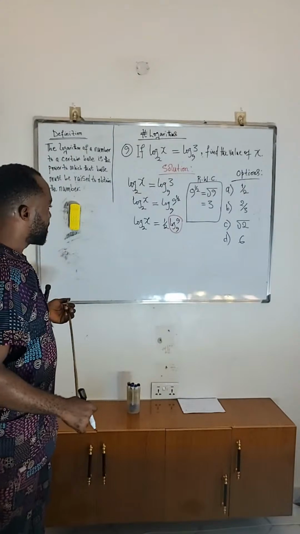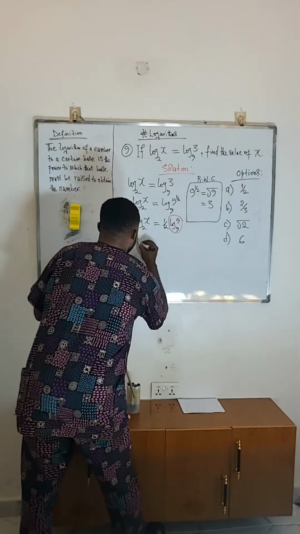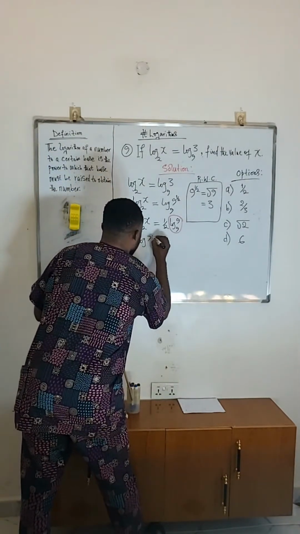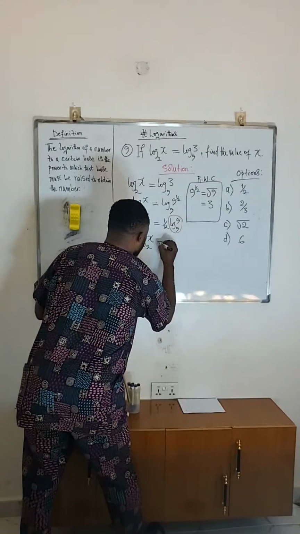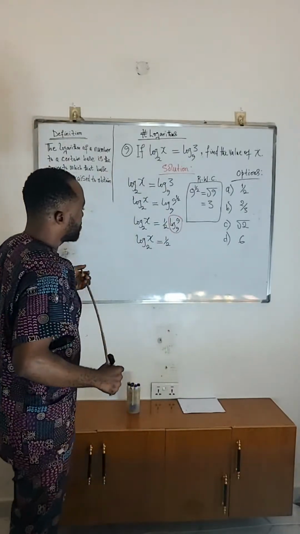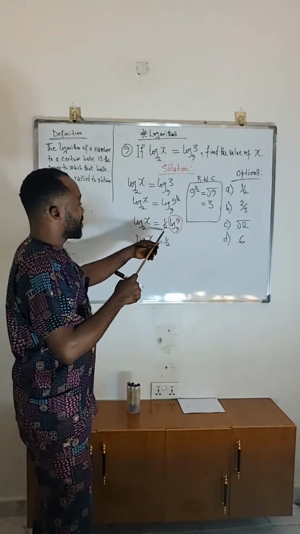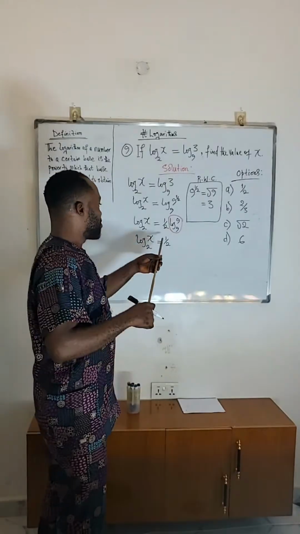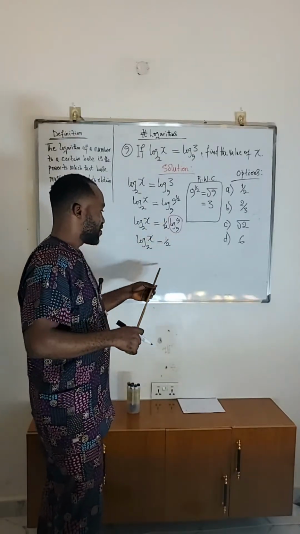Is it true? If it is true, it therefore means that log x in base 2 equals 1 over 2. Okay, because the 1 over 2 now is multiplying by 1. So everything that side is 1 over 2.